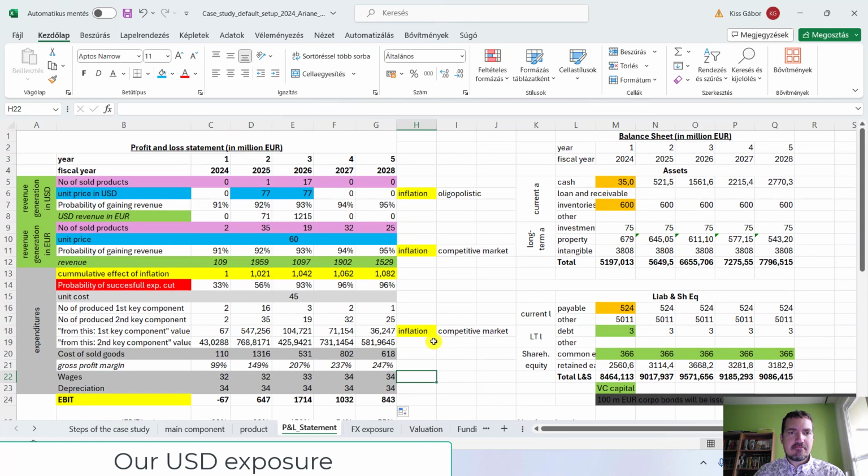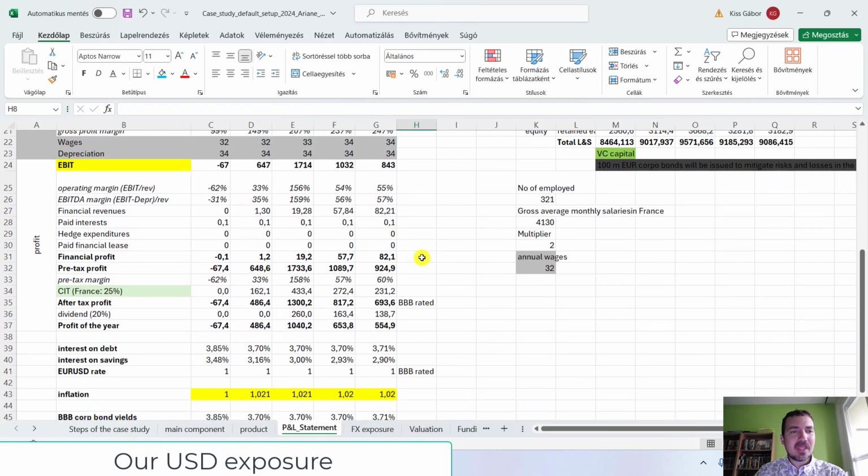So we earn more money, not just because I'm charging more, but also maybe we have some luck with the exchange rate.